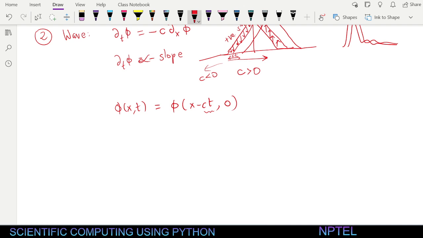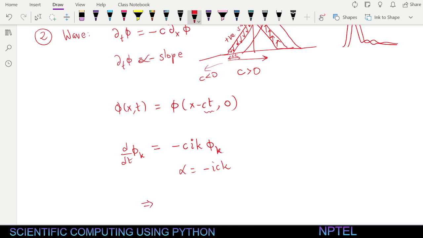Okay, in Fourier space, again del by del t becomes d by dt. So d by dt of phi k is equal to minus c, and del by del x gives you ik. Okay, so now your alpha is minus ick, right?